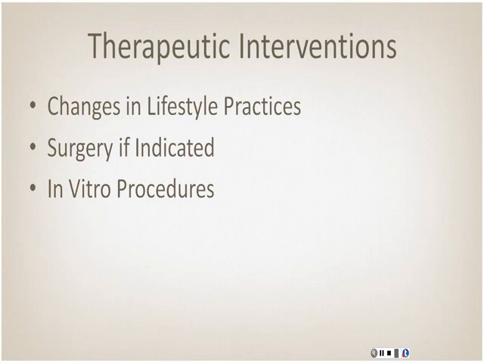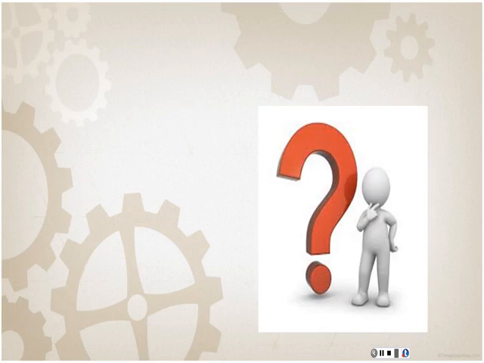But certainly there can be surgery that needs to happen to correct any problems like the varicoceles or other types of obstruction. And then if none of these things are working, there are other options like in vitro types of procedures that can be done. And then adoption is always an option if all of these other things are not working.